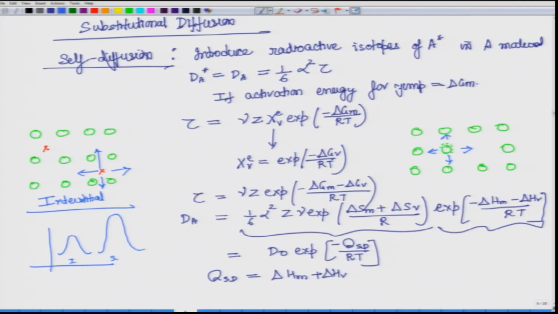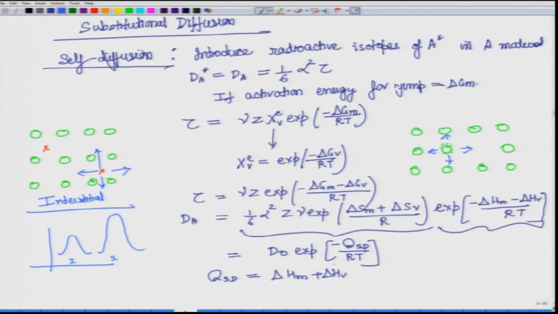Whether you are talking about interstitial diffusion or substitutional diffusion, the form of the equation remains the same, and you just have to measure it to understand that there will be a big difference between the Q SD and the Q ID, which is the interstitial diffusion versus the substitutional diffusion. The diffusivity of interstitial atoms would be much faster, maybe orders of magnitude higher than the diffusivity of substitutional atoms.